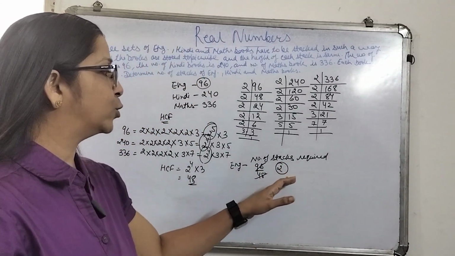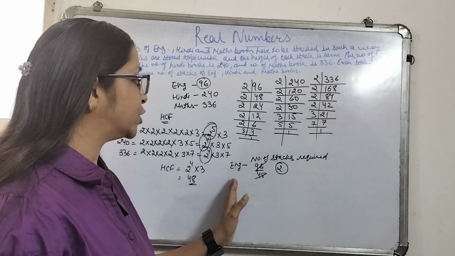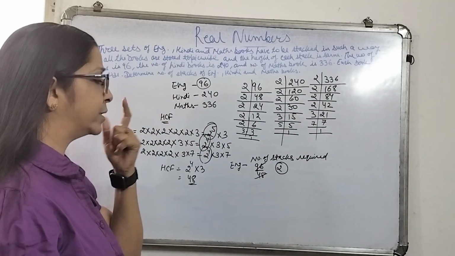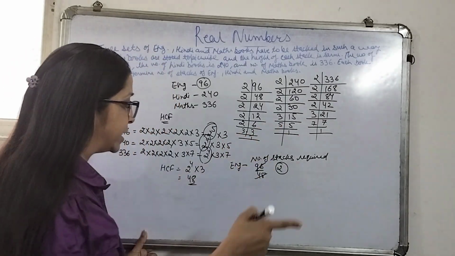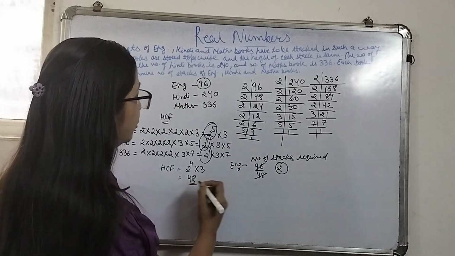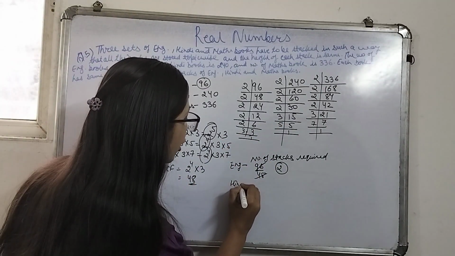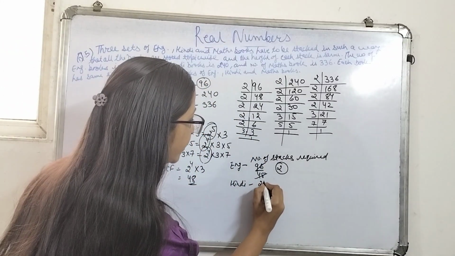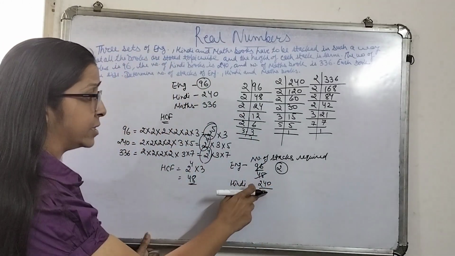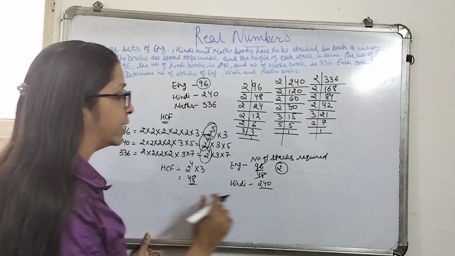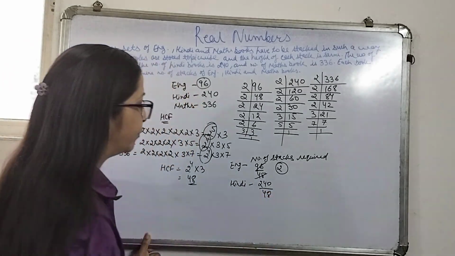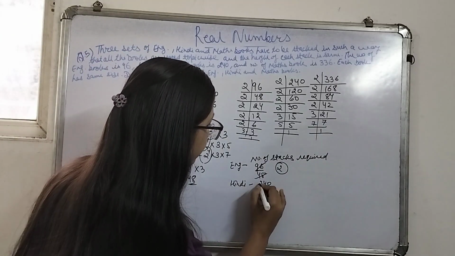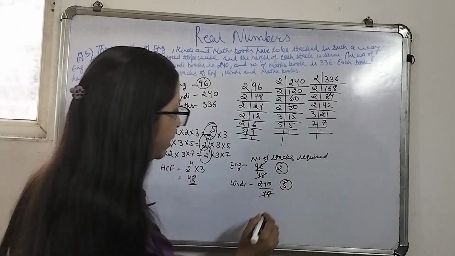That means in 2 stacks all the books of English will be arranged. Now there are total 240 books of Hindi. Now if in one stack we are arranging 48 books, so for Hindi how many stacks are required? Total number of books is 240, and in one stack 48 books can be accommodated. So 5 stacks will be required.